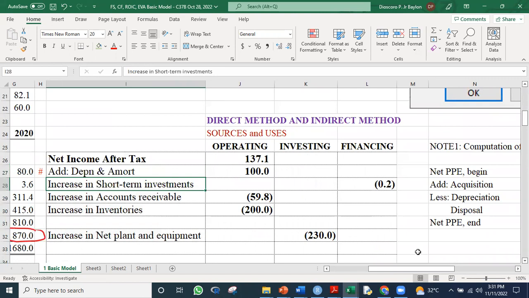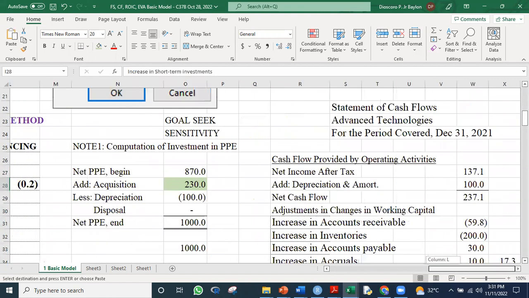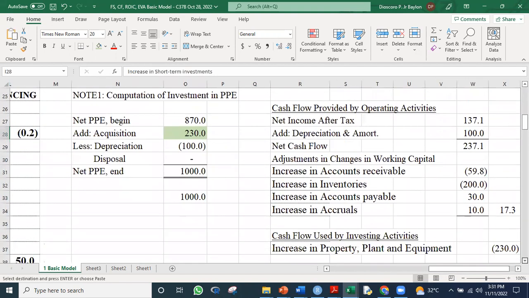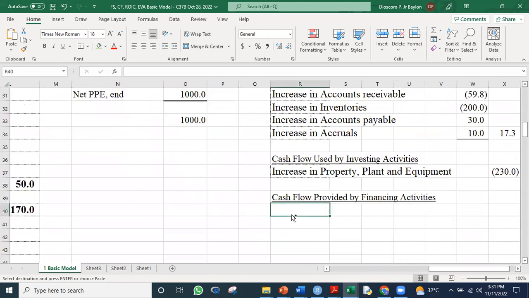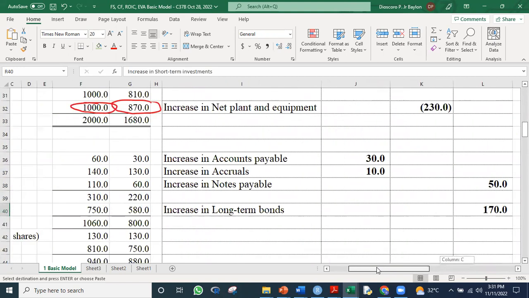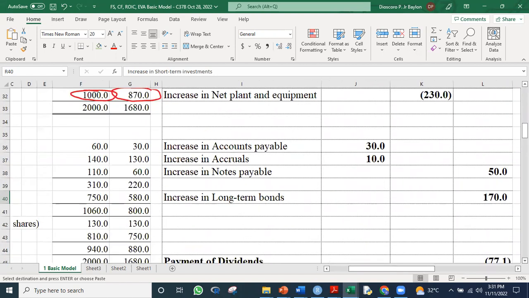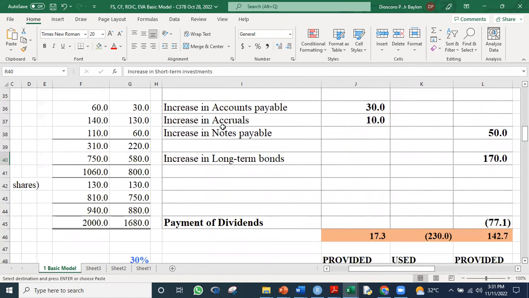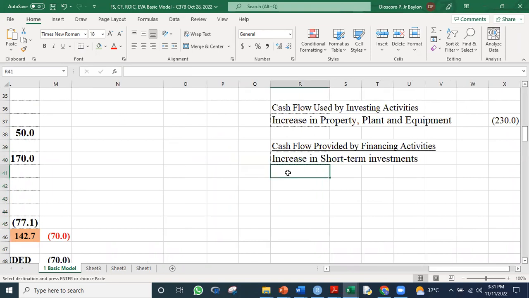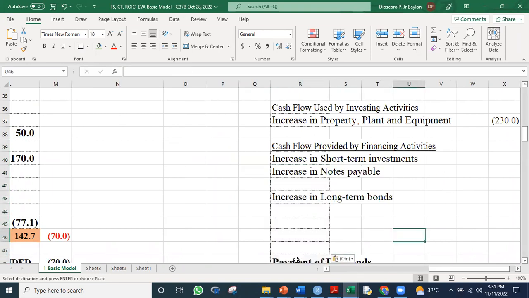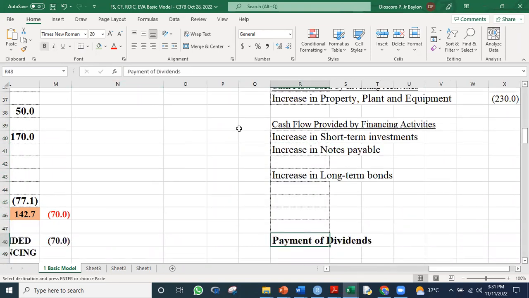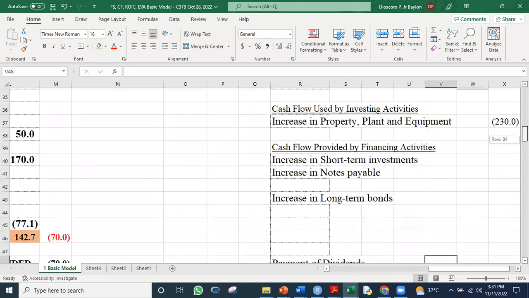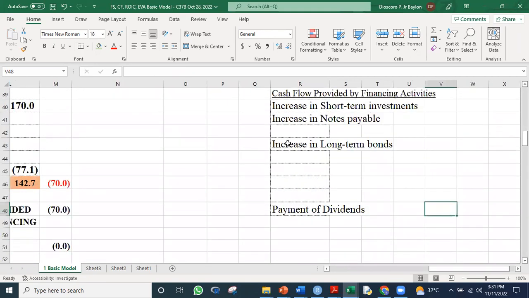Okay, so this one, Control C, short-term investments that will form part of our financing. Control V. And then we also have here the notes payable and long-term bond, and also payment of dividends. Let me just copy everything. Control C, Control V. And then let me just put this together.